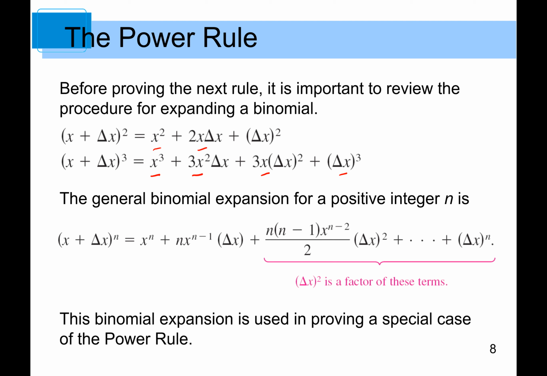So the general binomial expansion for a positive integer n: x plus delta x to the n becomes x to the nth, the first term. Second term, n times x to the n minus 1 times delta x.